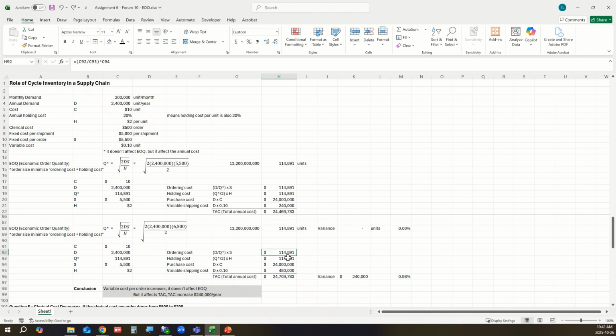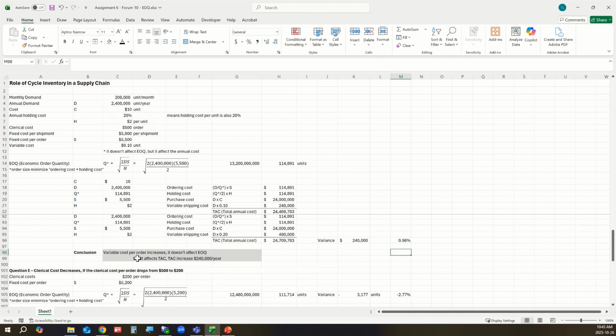So the ordering cost, holding cost, and purchase cost are still the same, but the variable cost will change to 480,000 from 240,000 at the beginning. So the total annual cost now changed by 0.98%.